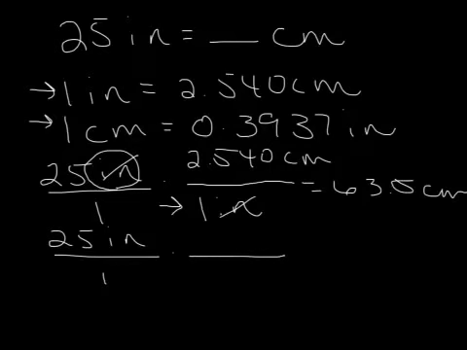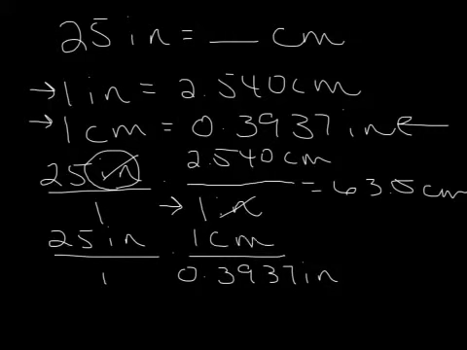If I choose to go the other route, I have 25 inches over 1. And if I use this one, I have to put the 0.3937 inches on the bottom to make inches cancel out, and that's equal to 1 centimeter. So inches cancels, and what I'm going to have to do mathematically is do 25 times 1 divided by 0.3937.